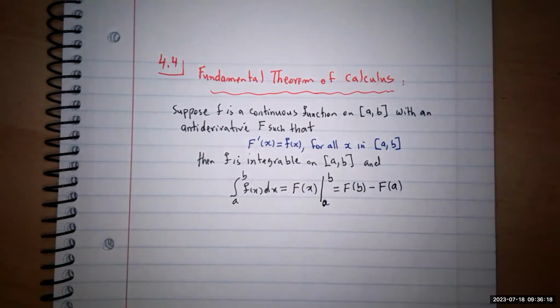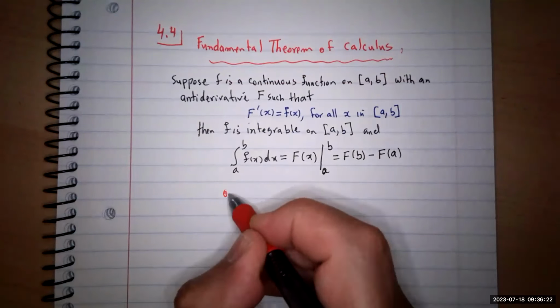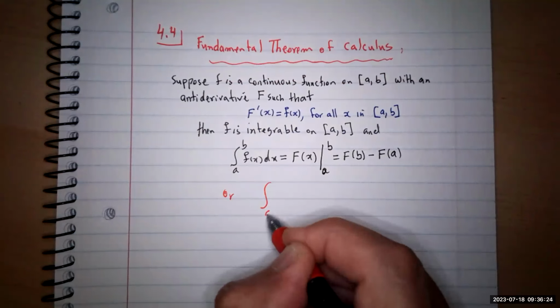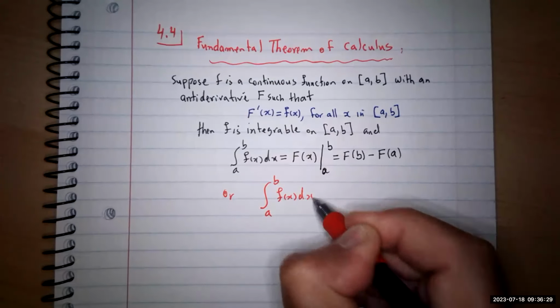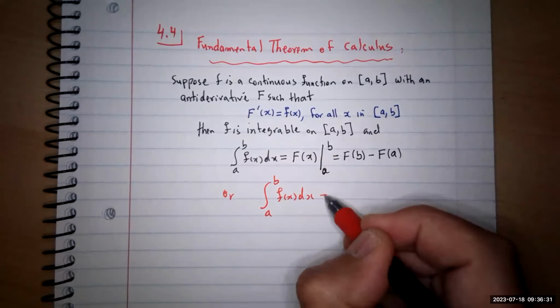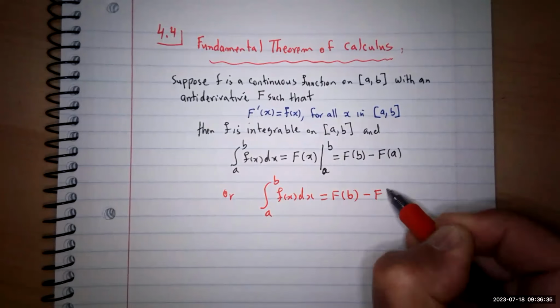That's it. That makes it so easy for you. Or if you like, the integral from a to b of f of x dx, the Riemann integral, is simply the antiderivative at b minus the antiderivative at a.